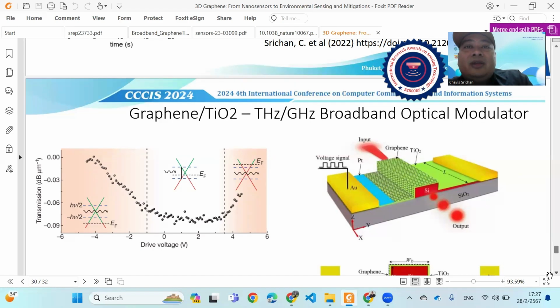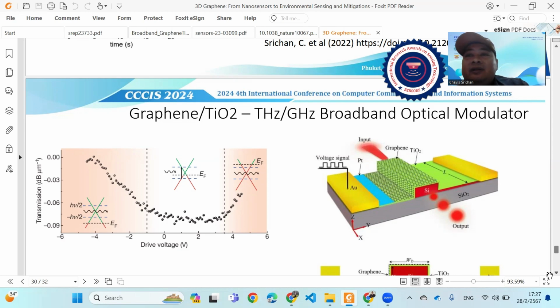But if the Fermi energy level is increased to near the K point, then it is possible for the interband transition to happen, so the light can go through the graphene. But if the Fermi energy level is too high, then the interband transition is not possible because the electron does not have enough energy to excite from the lower band to the upper band, right?